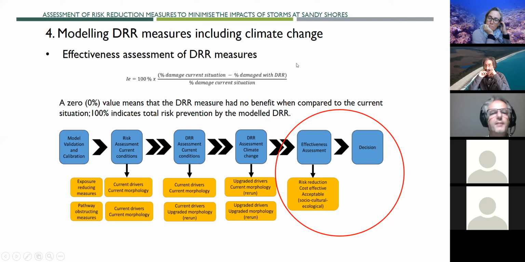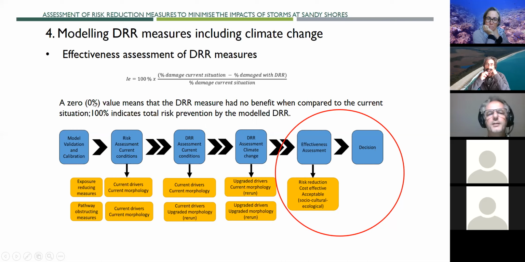To assess the effectiveness of a measure, we can use something as simple as this formulation. The percentage of the damage caused by the current situation by a given storm, minus the damage caused with the disaster risk reduction measure in place for the same storm, divided by the percentage of damage for the current situation. And this multiplied by 100 gives us values in percentage, of course.